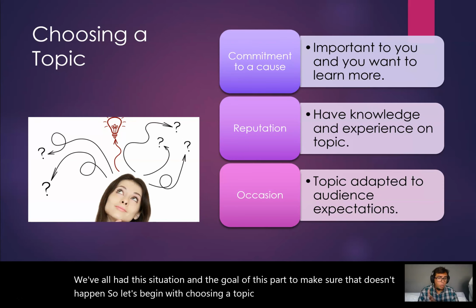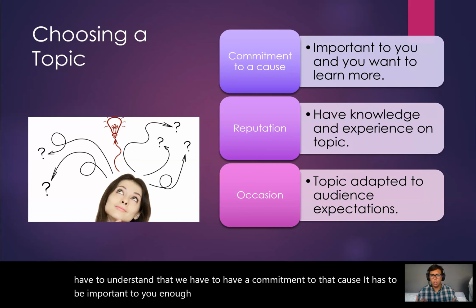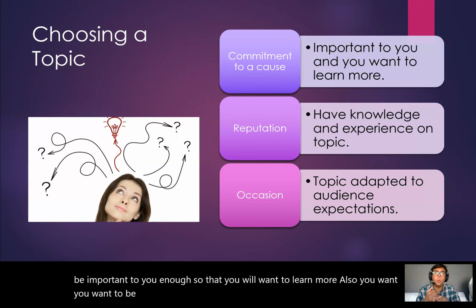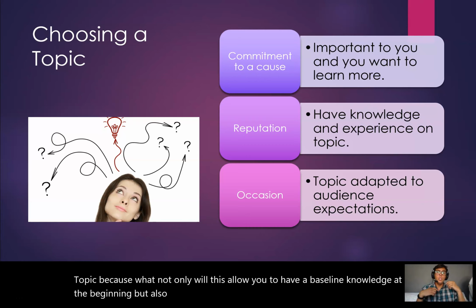When choosing a topic, we first have to understand that we have to have a commitment to that cause. It has to be important enough to you that you will want to learn more. Also, you want to be sure that you have some sort of reputation in that topic, because not only will this allow you to have a baseline knowledge at the beginning, but it'll also make you a credible source on this topic.